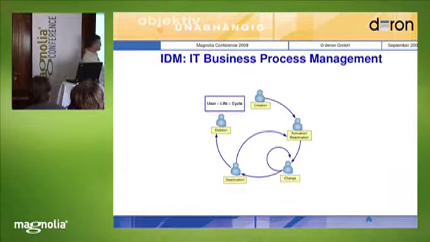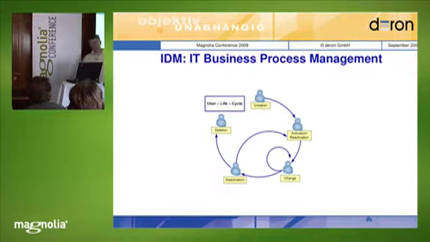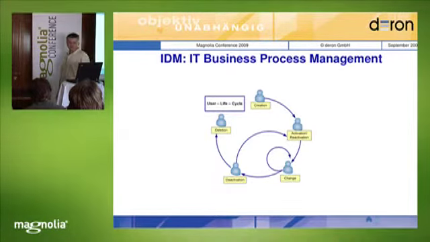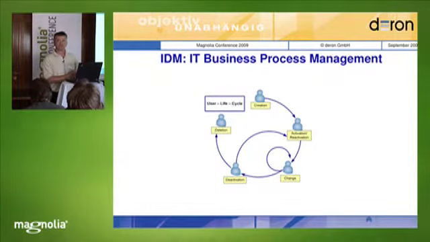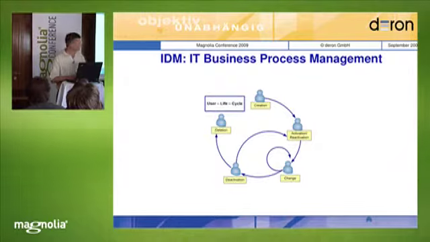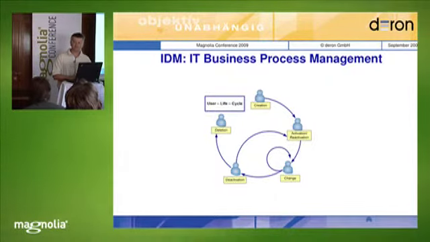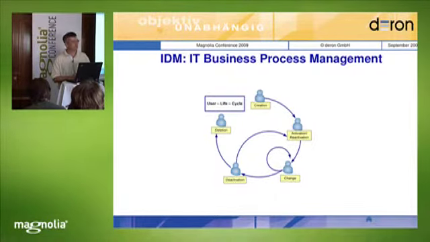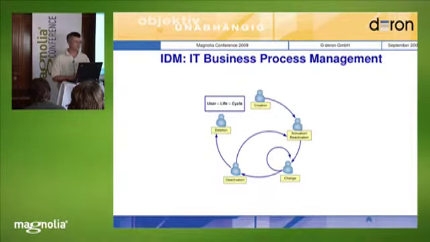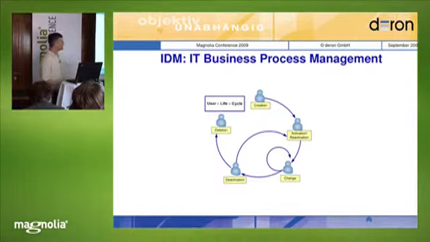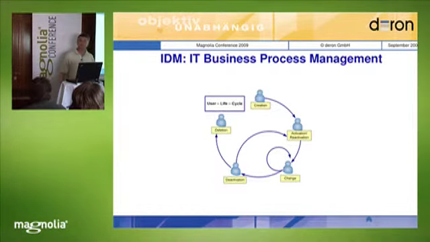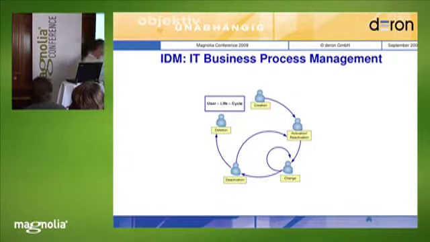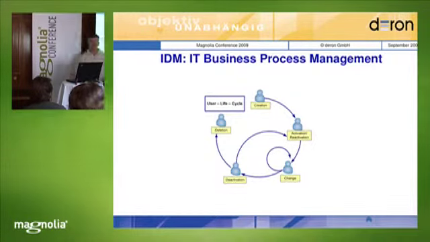But maybe, especially in Germany, if he gets married, maybe he changes his name. So he needs a new email address. But maybe not only get married, but maybe he changes his gender. So you have a change in the first name. Possible, something like this. So you have to deal with all these changes.